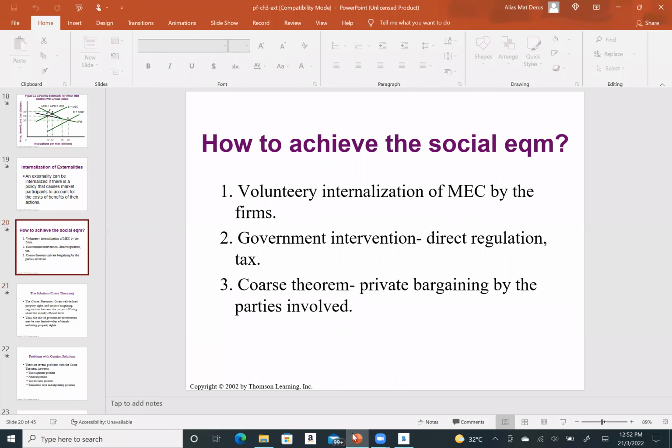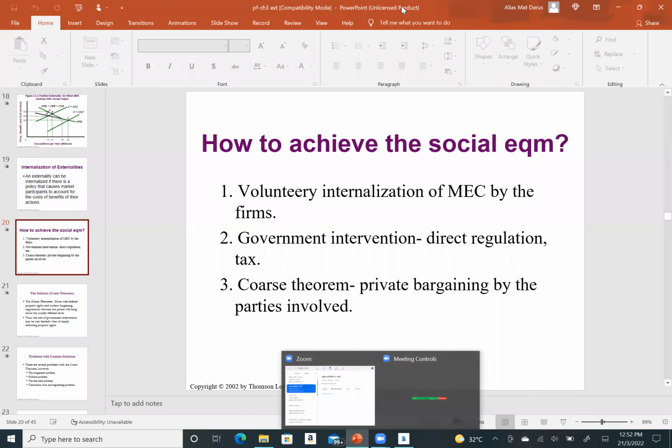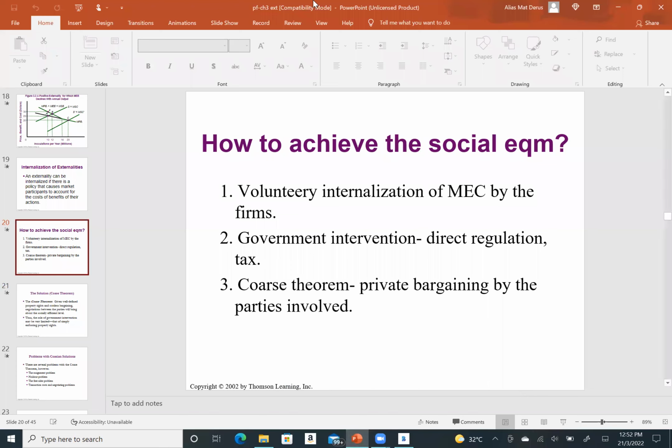So government is justified to intervene where there is externality, because you cannot rely on voluntary bargaining. The Coase theorem works only with limited effectiveness. So in the end, government is justified to intervene. We are going to look at the government next time.